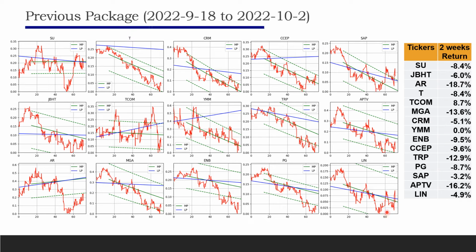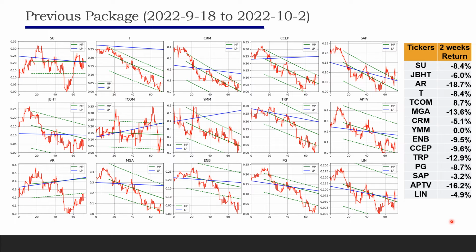We bought this package at this time, and this is the price changes during the last 2 weeks for each stock, as you see here. And the return of each individual is changing between -19% to more or less the maximum is something around 8%.